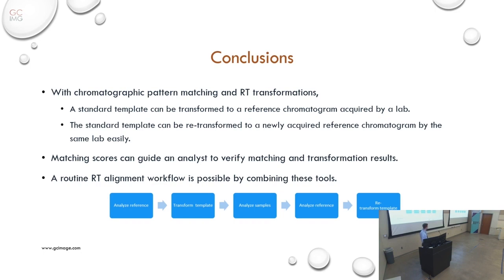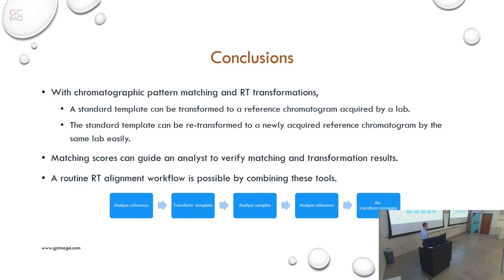So with this computer vision technique, we can match landmark peaks based on their chromatographic pattern, and we can then use that to compute a retention time transform. This allows us to take a standard template and fairly easily transform it to a reference chromatogram acquired by a lab.